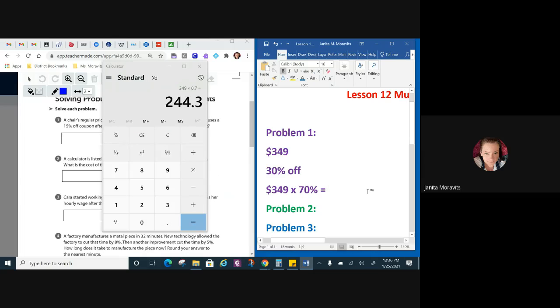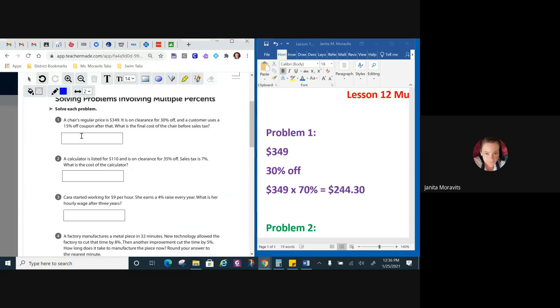So the sales price on clearance is going to be $244.30. Now, they have a coupon for 15% off of that. So we're going to take that price right there, $244.30, and we're going to take away another 15%. Let's do this so you can see it.